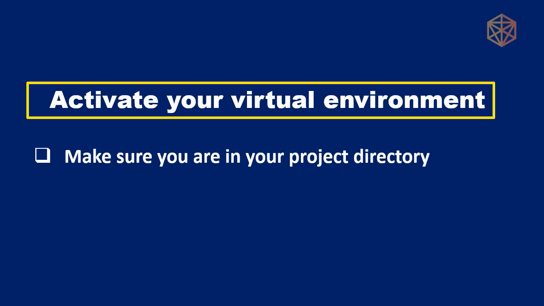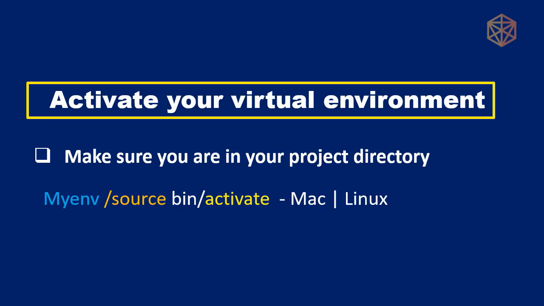If you're on a Mac, you activate it this way. You type in the name of your virtual environment /source space bin /activate. That will activate it, and this is for Mac or Linux based computers.